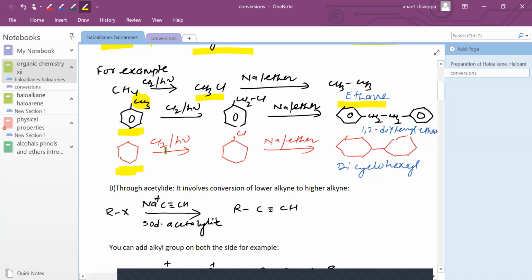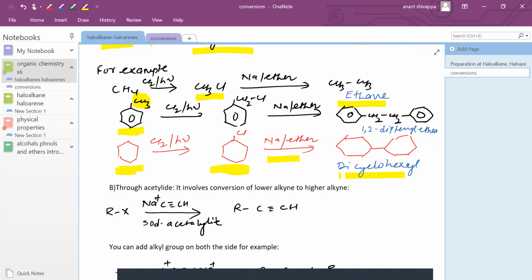When it is treated with halogen in the presence of UV light, one hydrogen from the cyclohexane is removed by the halogen, so you will get chlorocyclohexane. And if this chlorocyclohexane is the initial material for the Wurtz reaction, it will form dicyclohexyl. So this is how there is an increase in the number of carbons in different species.